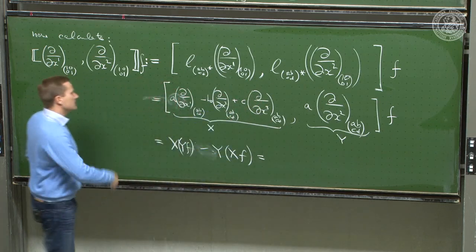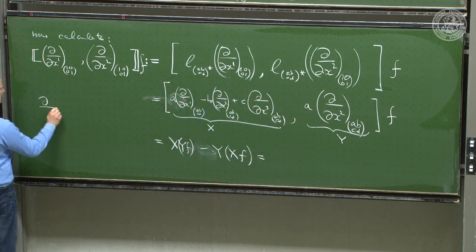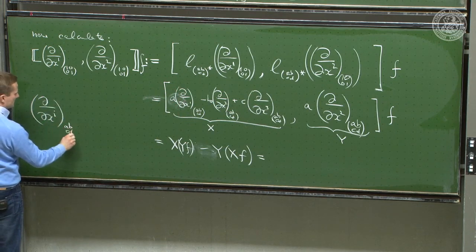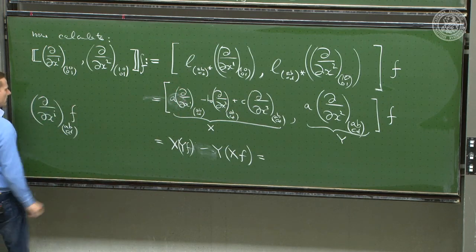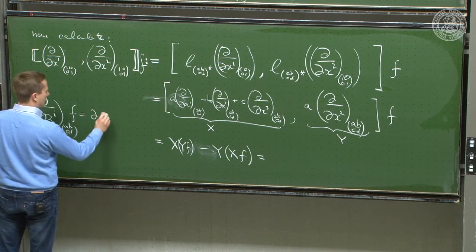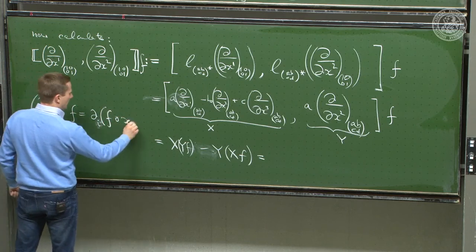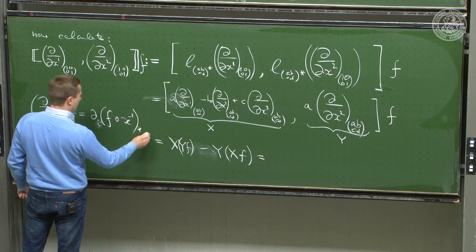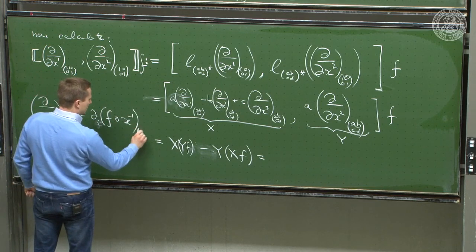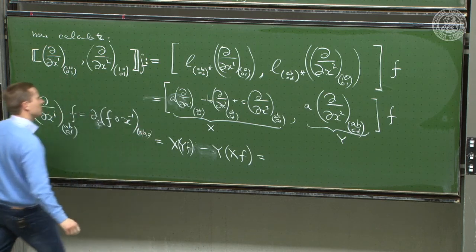You execute this, and of course you will always meet guys of this form, d by dxi at the position (A,B,C,D), acting on f. But you know what that is. That's del i of f after x inverse, evaluated at x of (A,B,C,D).